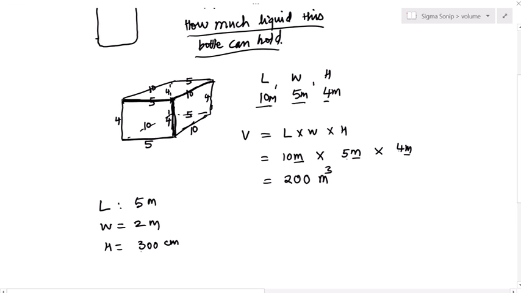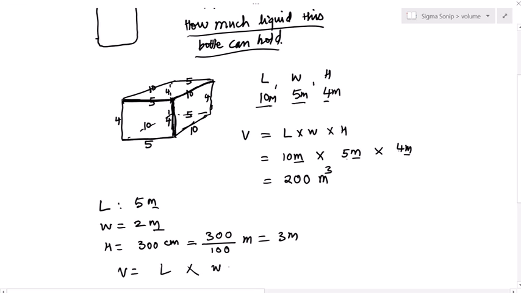You cannot use this 300 as centimeters. Because two of these are in meters, you will need to convert that into meters as well. So you divide 300 by 100, and that gives you 3 meters.